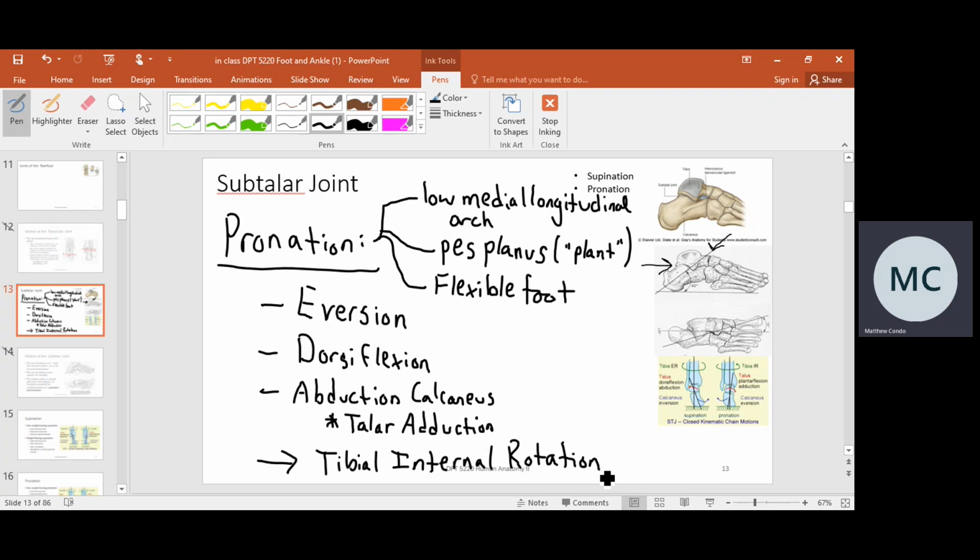Because, and let's think about this, you guys can probably do this on your own. In fact, when you get all this written down, I want you to take your foot and move it into a pes planus position, and watch what happens to your tibia. You might put your hands on it. And watch what happens to your knee.